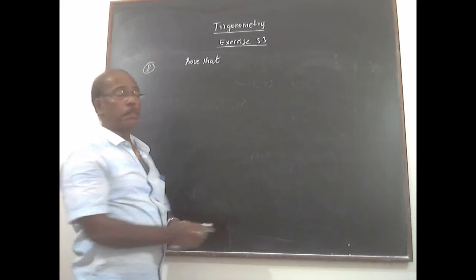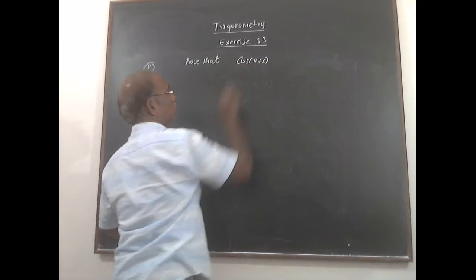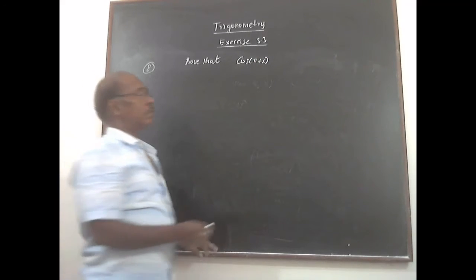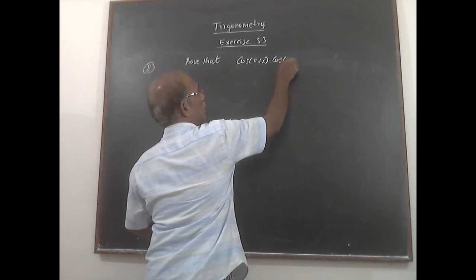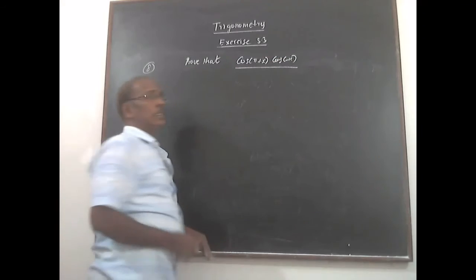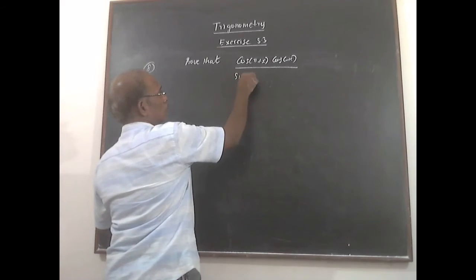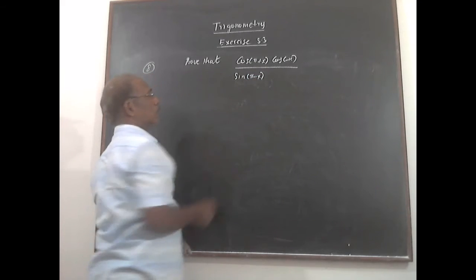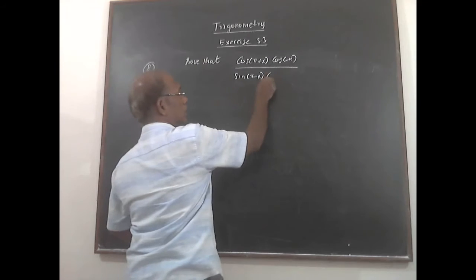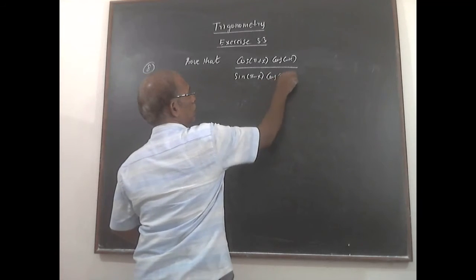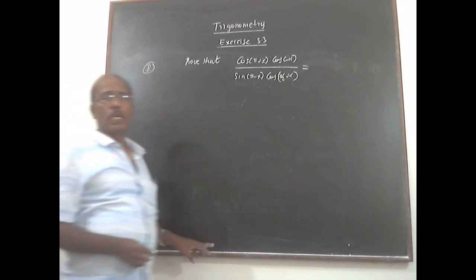Cos of pi plus x into cos of minus x, in the denominator sin of pi minus x. There is one more factor, cos of pi by 2 plus x. And we have to show that the simplified value is cot square x.